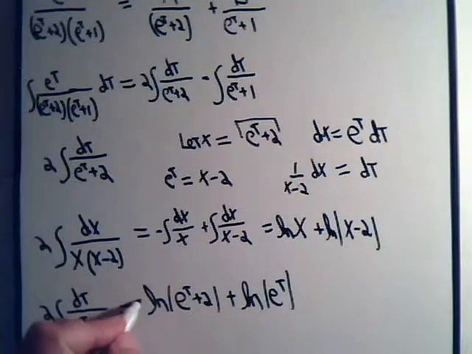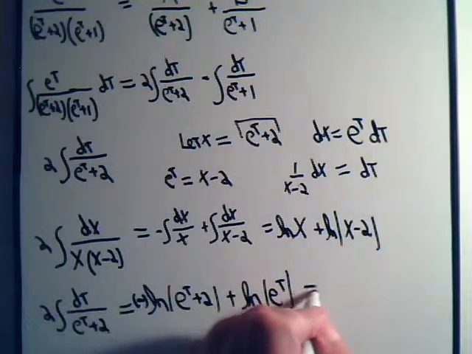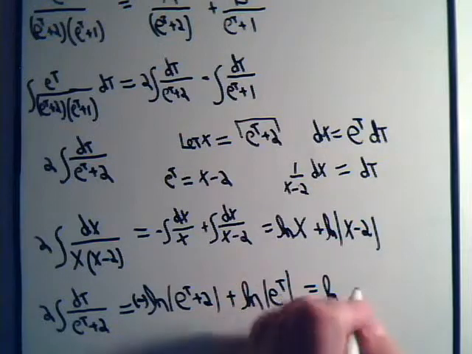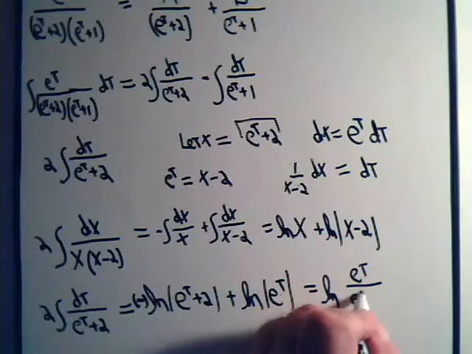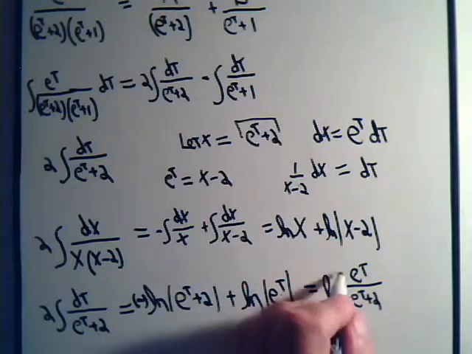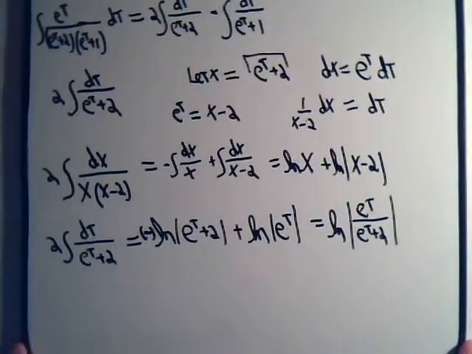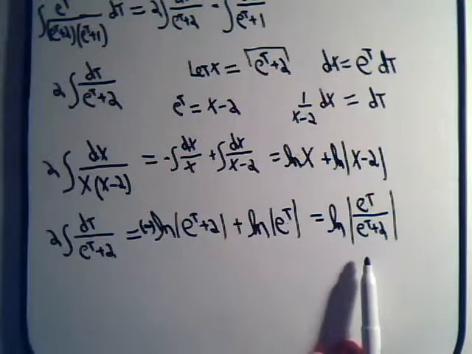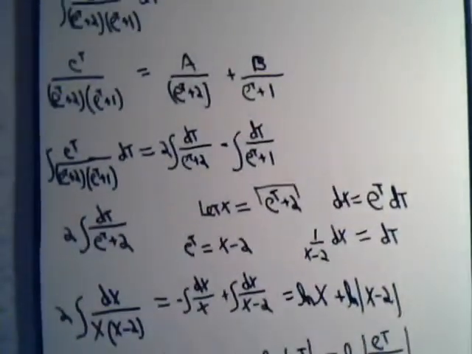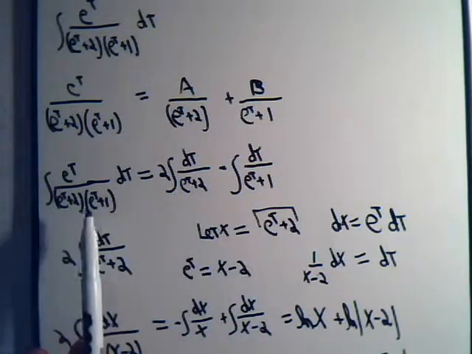And this one had a minus sign before it. We don't want to forget that. So that would be then this minus this, or we could write that as the natural log of this one divided by this. So we have the solution to this, that's this, and this was one of the 2 integrals that we had to solve from here.